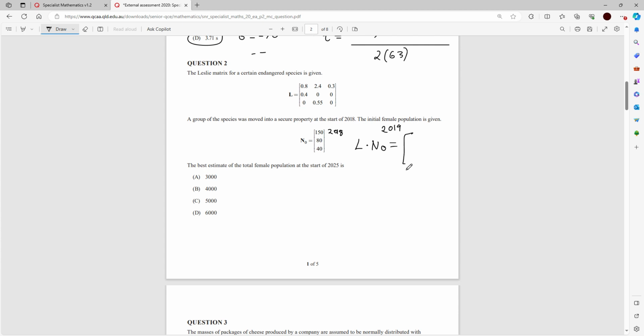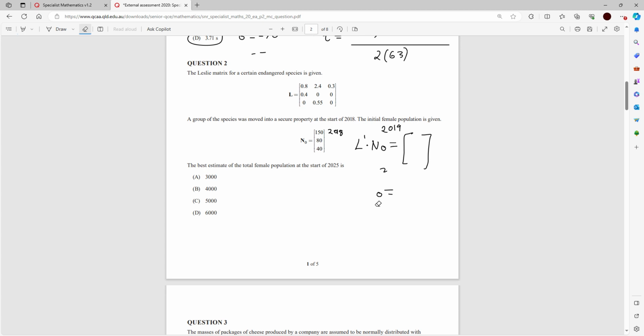So we don't need to take whatever result we get here and multiply by the matrix to keep going. If we raise it to a particular power, it will do that to that particular year. So for example, L squared times N0 would give you the population at the start of 2020, rather than taking this particular amount here and putting it there to redo that whole operation. All you've got to do is raise the matrix to a power, okay?